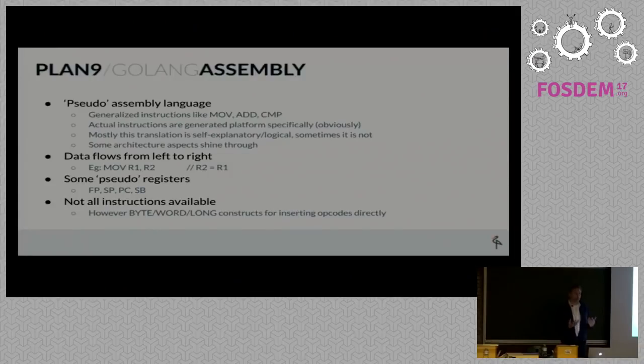So there are some generalized instructions for like a move and an add and a compare. And these instructions are then obviously translated to the actual instructions that will run on the underlying hardware platform. Most of the time, it's kind of logical how this pseudo-assembly language translates into the underlying assembly running on the CPU itself. Sometimes, yeah, that is not the case.